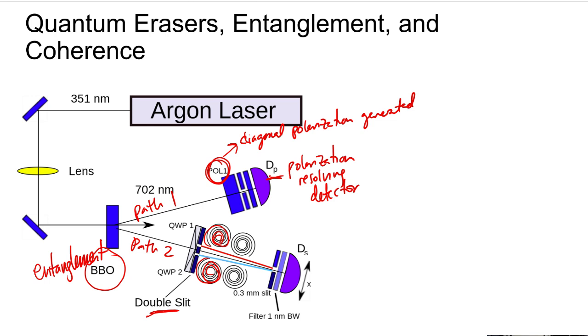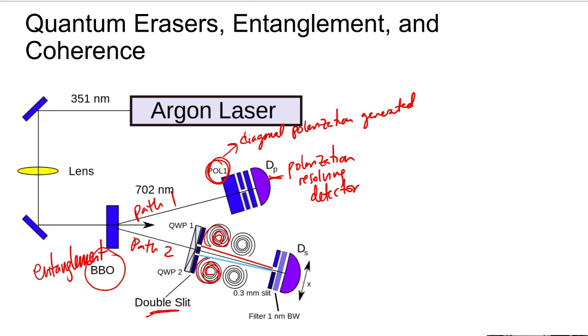Because these photons are entangled, entanglement ensures that we have a complementary diagonal polarization in the entangled partner that goes through path 2. So that's passing through the double slit mask, and this alters the effect of the circular polarizers. Each will produce a mix of clockwise and counterclockwise polarized light, so the second detector can no longer determine which path was taken, and the interference fringes come back.